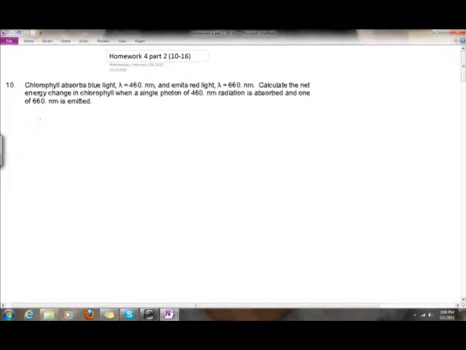Chlorophyll absorbs blue light at 460.0 nanometers. This is the wavelength of absorption. This is the wavelength of emission of chlorophyll, and it's 660 nanometers.